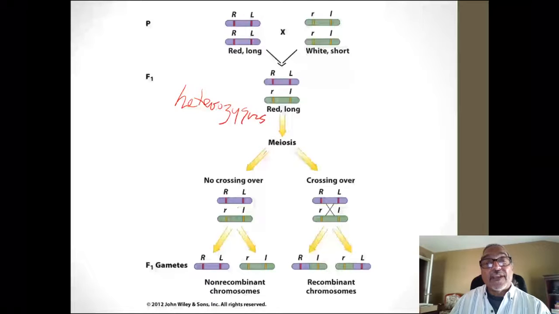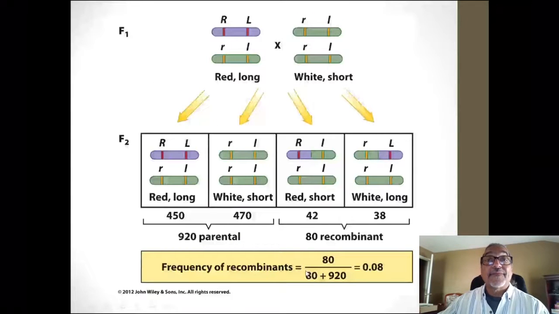And we see in the condition of no crossing over, our non-recombinants will reflect the original parental varieties, and our recombinants will reflect each chromosome having an element of one or the other of the original parents.